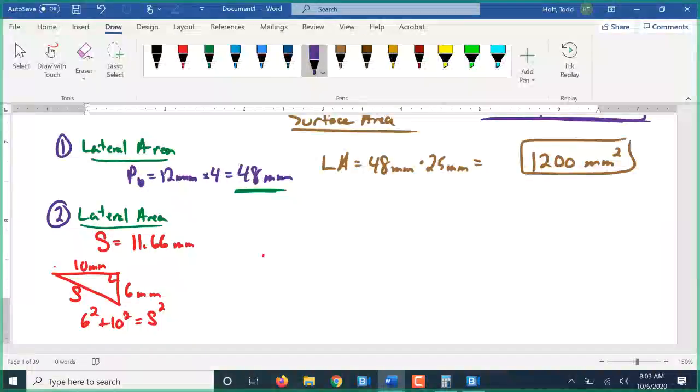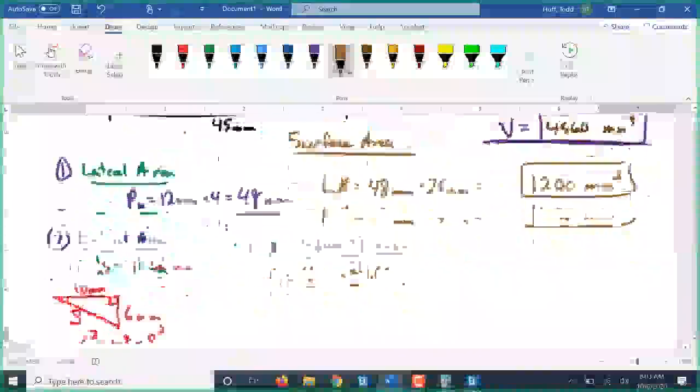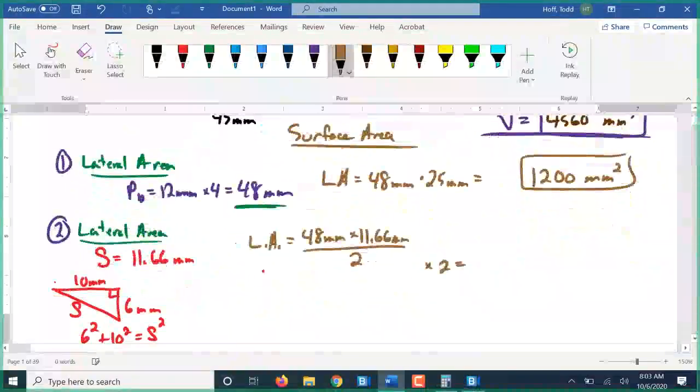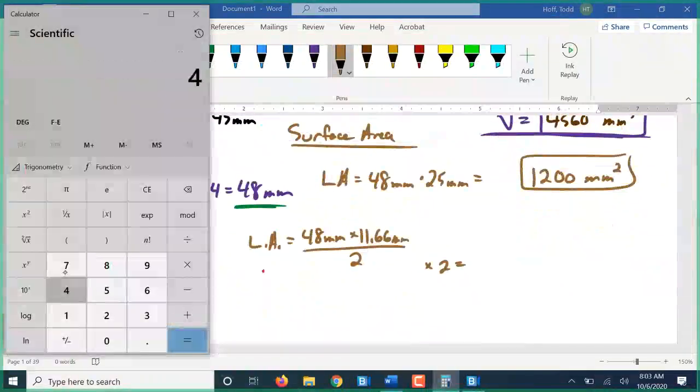So our lateral area there is that perimeter of the base, the 48 millimeters, times the slant height, 11.66 millimeters, divided by 2 because these are pyramids, so they come up into triangles. Then, of course, times 2 because there's 2 of them. I'm not going to divide by 2 and multiply by 2 because it's going to just cancel out.